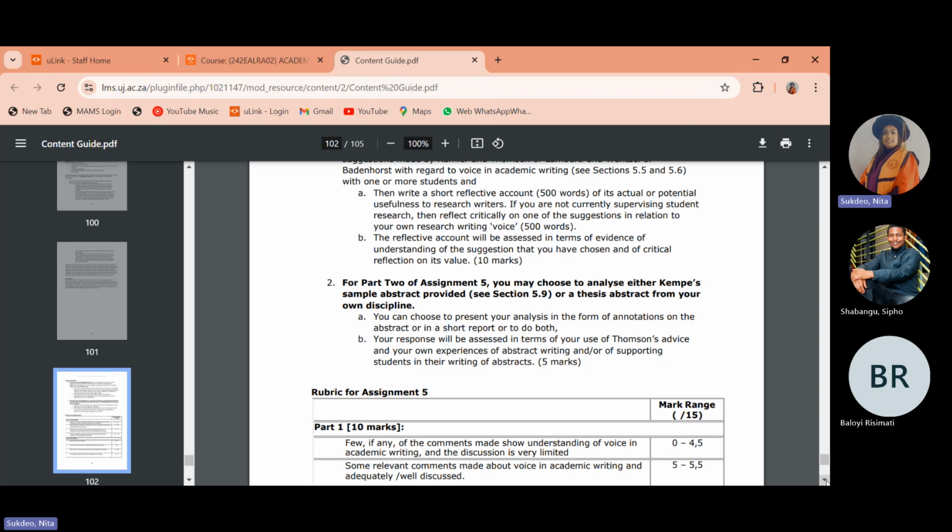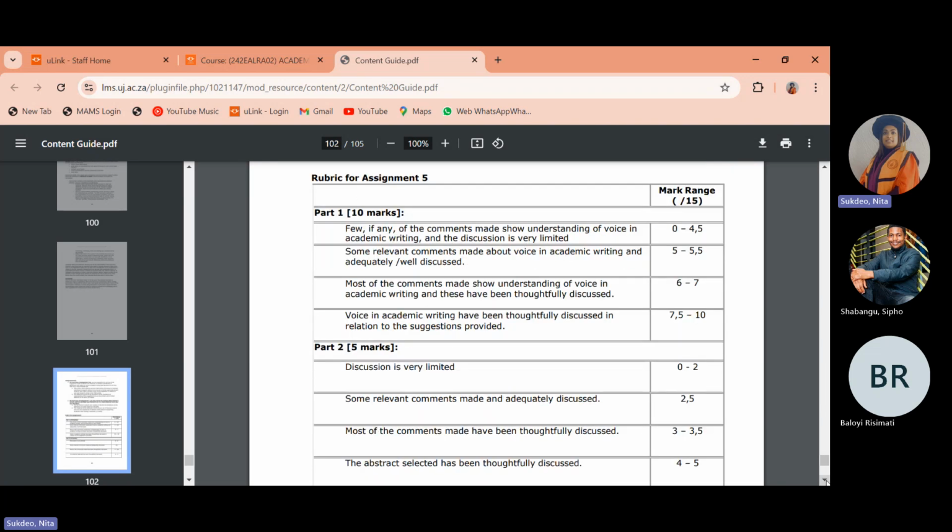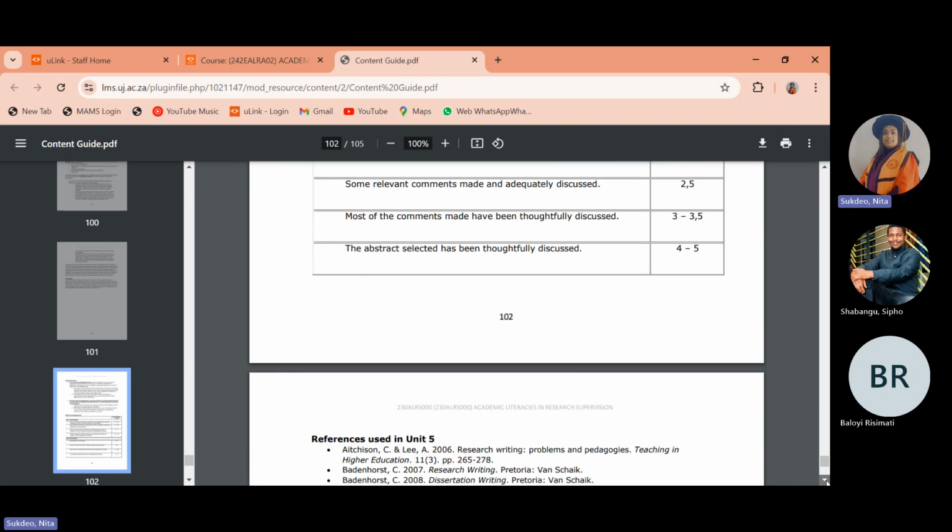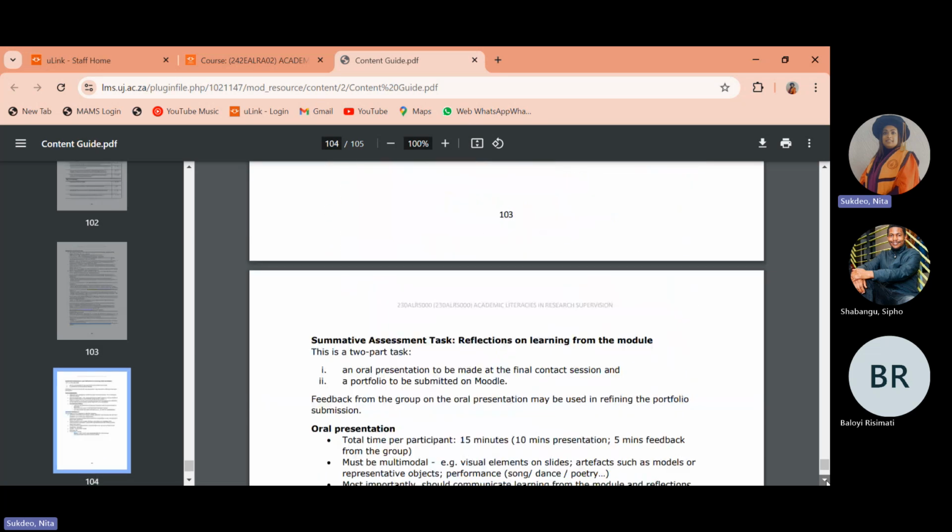So you can use an abstract from a student that you are supervising, or you can use the abstract that is given to you in 5.9 and reflect on it. Okay, and then obviously you have the rubrics and how you will be marked for each of these sections, right?